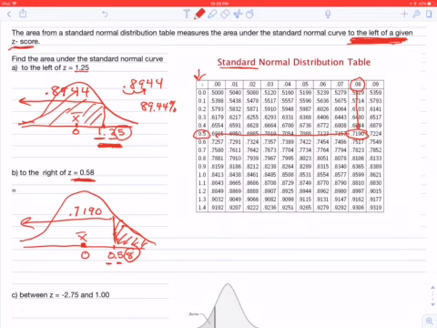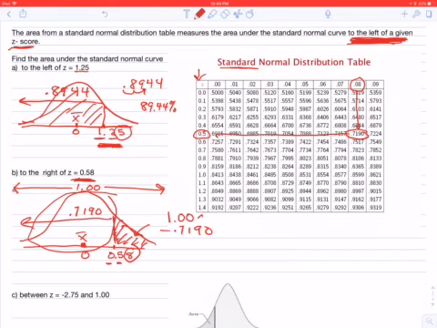So I'll take the whole area. Well, the curve represents 100% of our data. So as a decimal, write it as 1. So if I take the whole area and subtract that part I found from the table, that's the part I don't want. I'll be left with the shaded area. So I'll take 1.00 minus 0.7190.